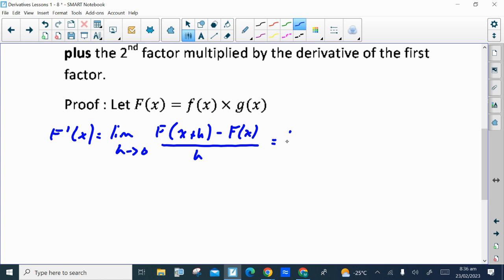So this will be the limit as h approaches 0.